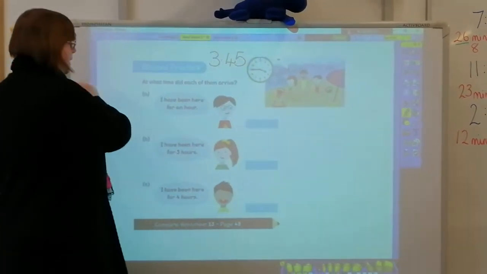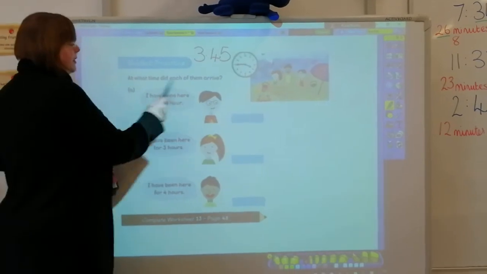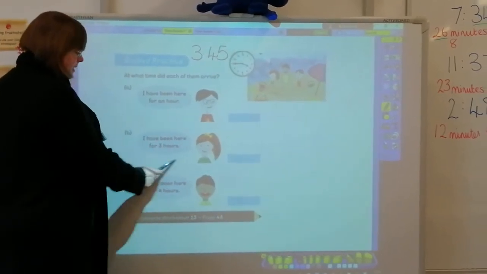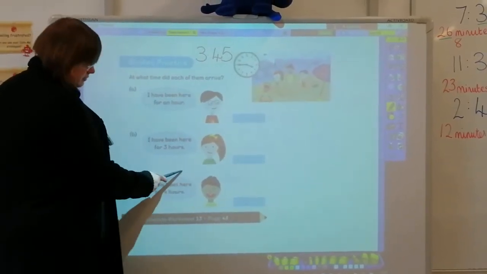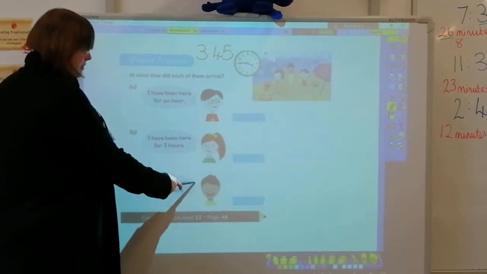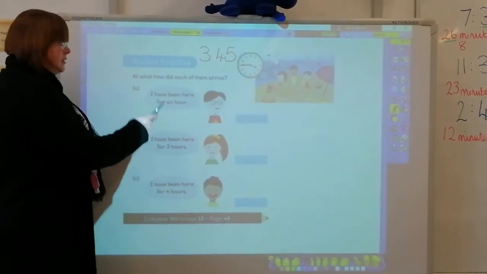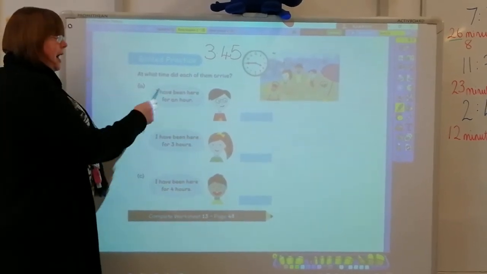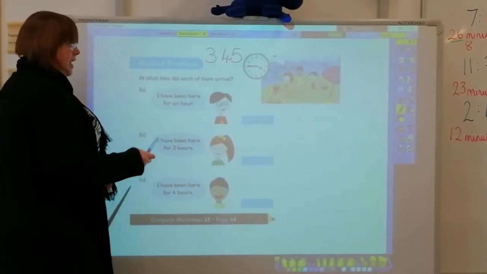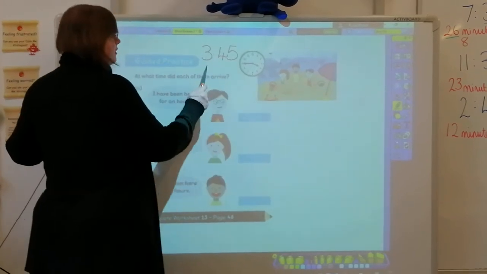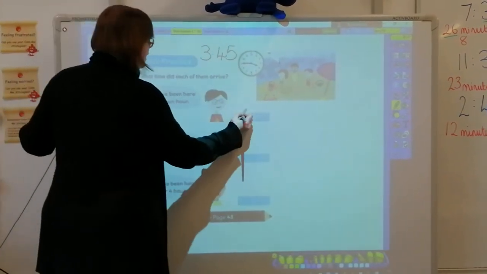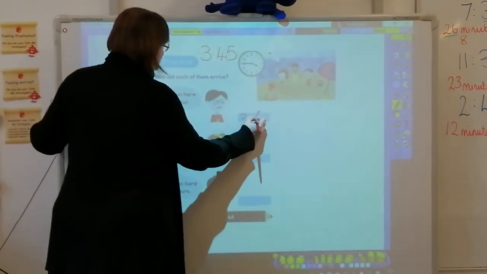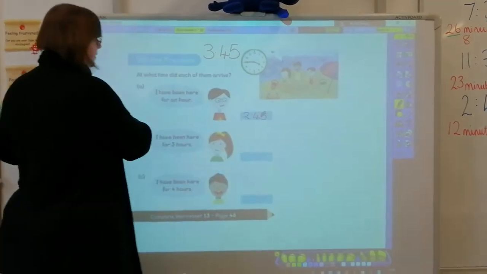They're telling you he's been there for an hour, she's been there for 3 hours, and they've been there for 4 hours. I need to work out by counting backwards this time when each one of those arrived. If it is 3:45, taking 1 hour away would make 2:45 for this person.